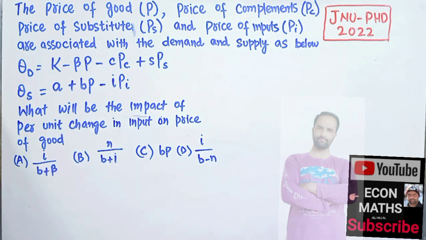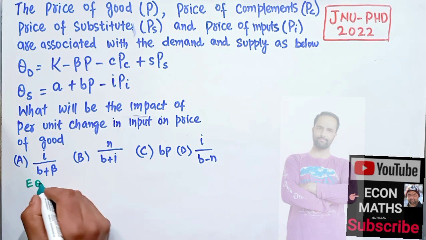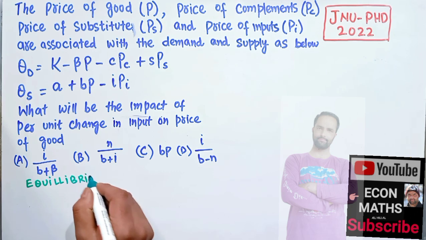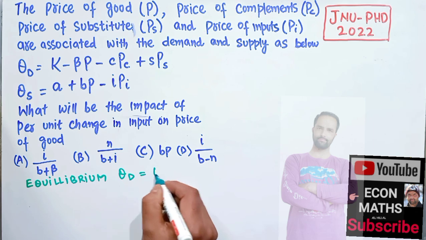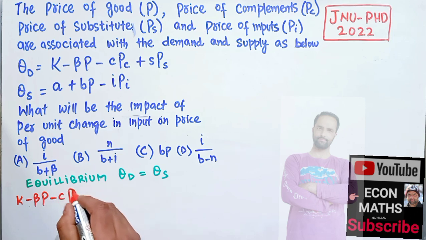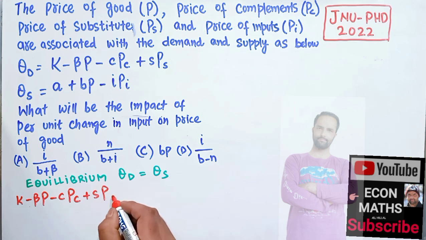Okay, so first thing is, we know that at equilibrium, quantity demanded should be equal to quantity supplied. So quantity demanded is being given as K minus beta, the price of good, minus C times the price of complement, plus S times the price of substitute.